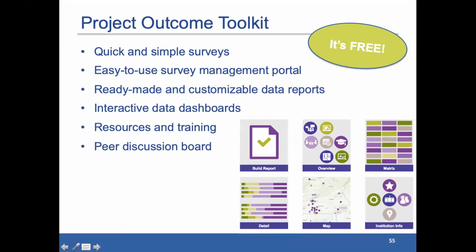So the Project Outcome Toolkit offers these advantages. Quick and simple surveys. You can use them straight out of the box or choose to add custom questions. There's also an easy-to-use survey management portal to collect and enter your survey data, as well as ready-made reports that the system generates for you, as well as customizable data reports that you can create yourself. The interactive data dashboards have aggregate benchmarks that tell you how you're doing compared to your peers. We also have resources and training materials to help libraries engage in the outcome measurement process.